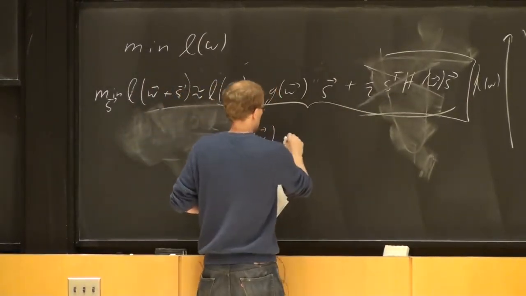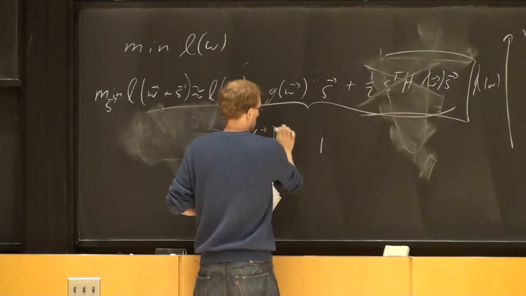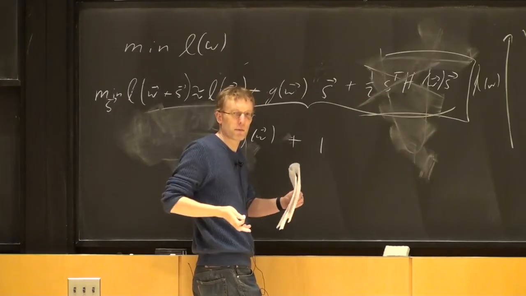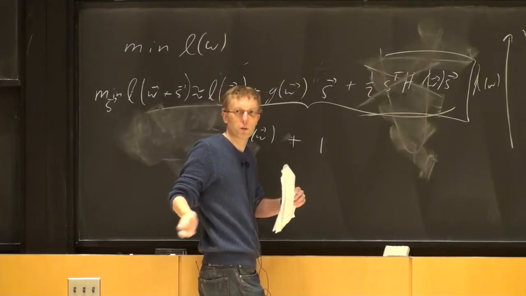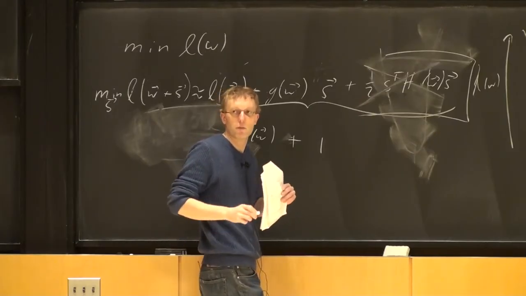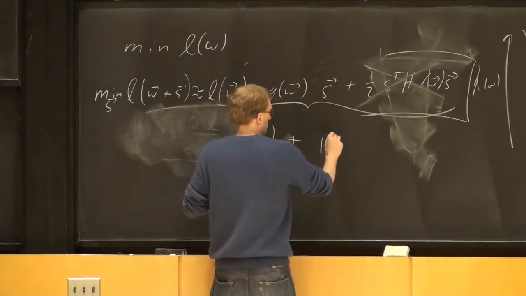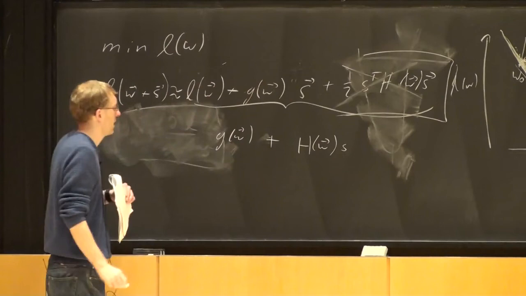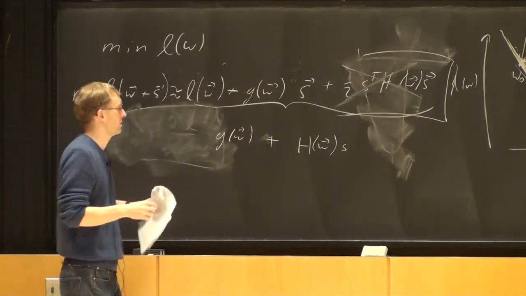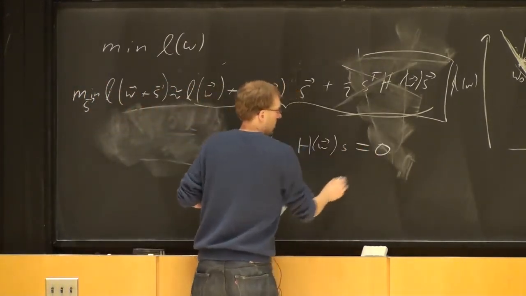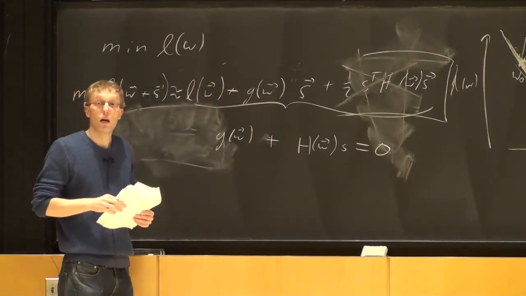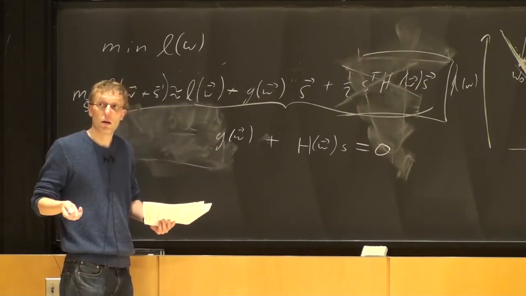Now I have to take matrix gradients. If you're not familiar with matrix gradients, look at the Matrix Cookbook. I think I linked to it from the homepage. So that's H of w times s. And we want to set this to 0. So this here is the gradient of this function with respect to s. That's 0.